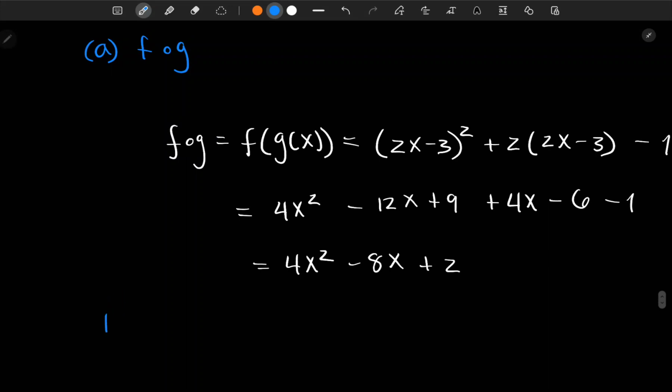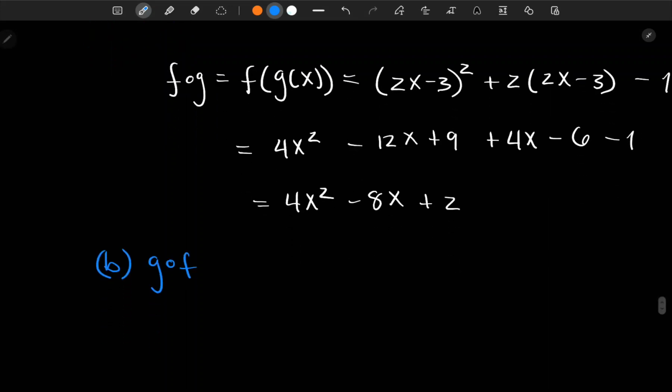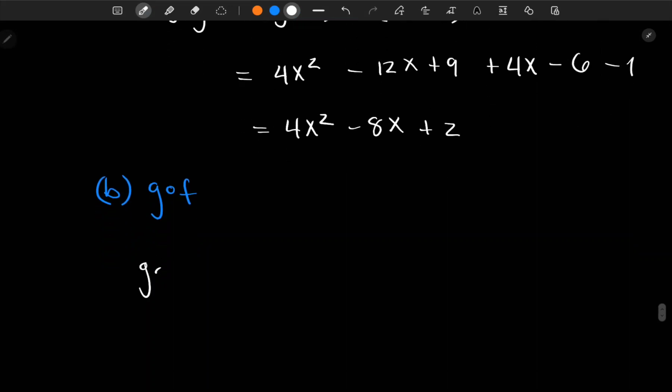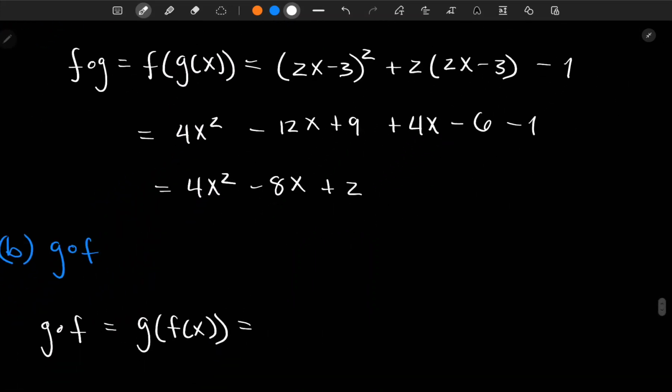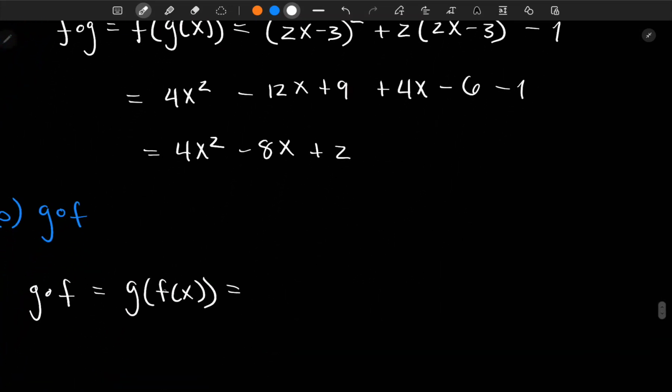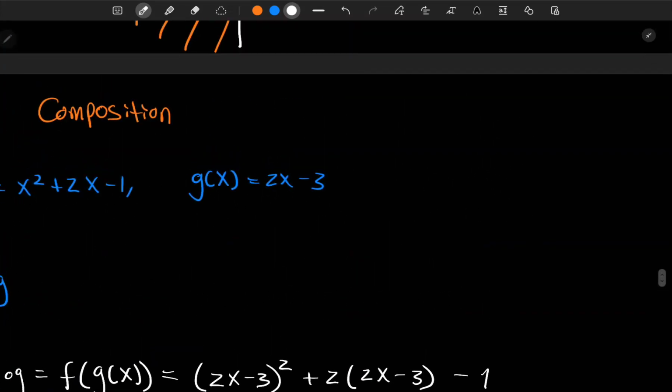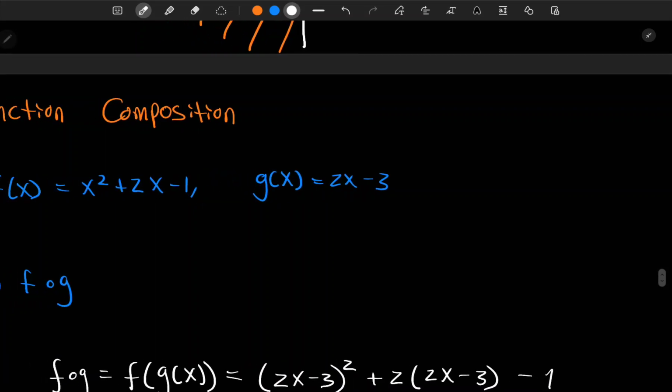Next, we can consider what is g composed with f. Well, just like before, g composed with f is g of f of x. So we see what g of x is, and everywhere we see an x here in g of x, we put x squared plus 2x minus 1.